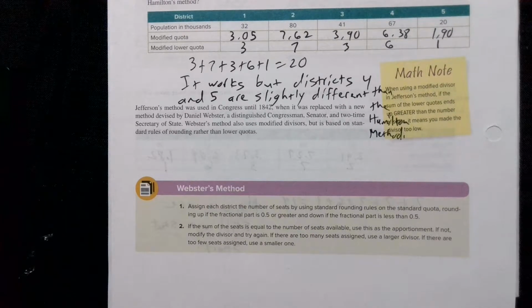It says assign each district the number of seats by using standard rounding rules on the standard quota. Rounding up if the fractional part is 0.5 or greater, and down if the fractional part is less than 0.5. If the sum of the seats is equal to the number of seats available, use this as the apportionment. If not, modify the divisor and try again. If there are too many seats assigned, use a larger divisor. If there are too few seats assigned, use a smaller one.